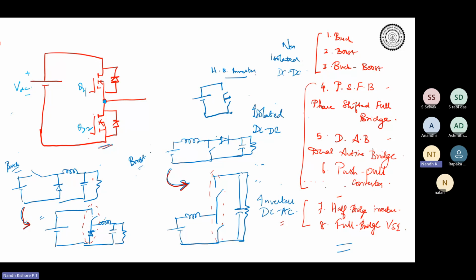So this is the switching node. And if you take the full bridge inverter, you will be having another half bridge, and then you just connect the load directly.